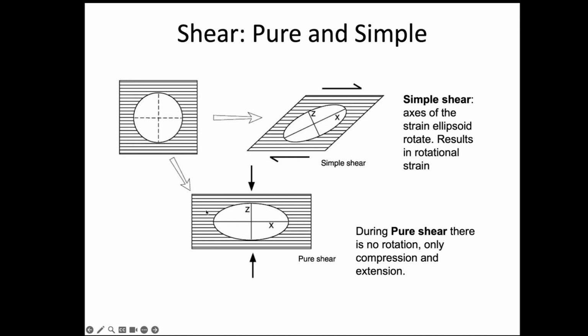It was cubically compressed, so nothing was rotated. So I can still recognize, if not a cube, at least something that has right angles. So cube has a U in it. So this is pure. That's how I remember it. And simple is the other. Some of you may not be as dyslexic as I am, but that's how I remember these differences.